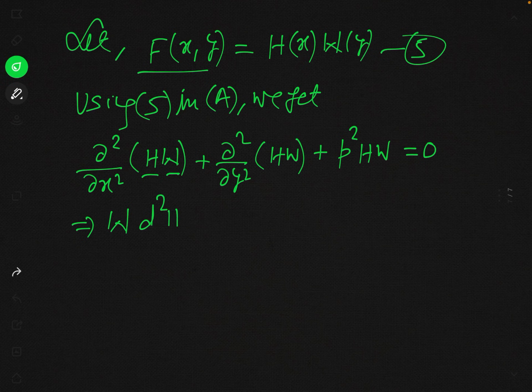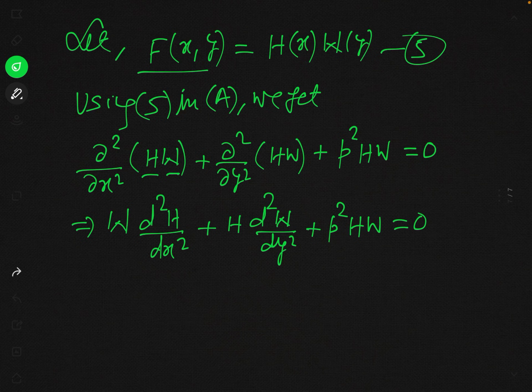So we can write d2h by dx square, and plus here differentiation is with respect to y, so w will be differentiated and h will be outside of the operator. So h d2w by dy square, plus p square hw equal to 0.